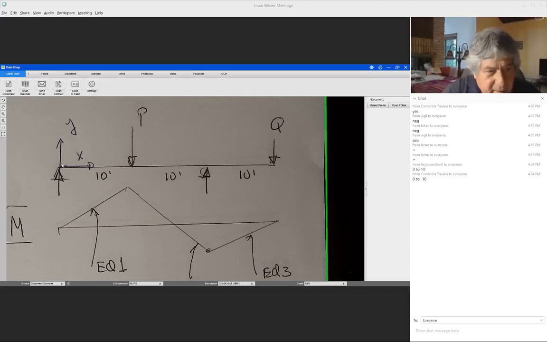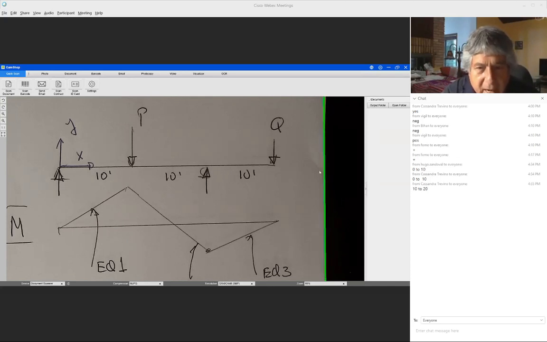If I leave the origin at this location, this second equation is valid between what values? If I leave x at that location, 10 to 20, 10 and 20.